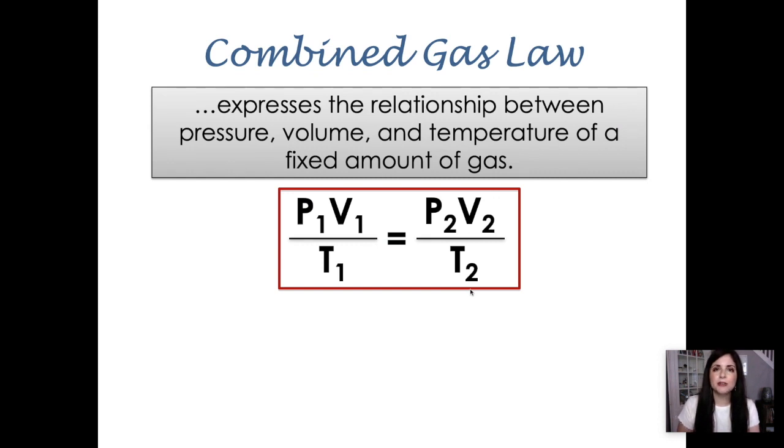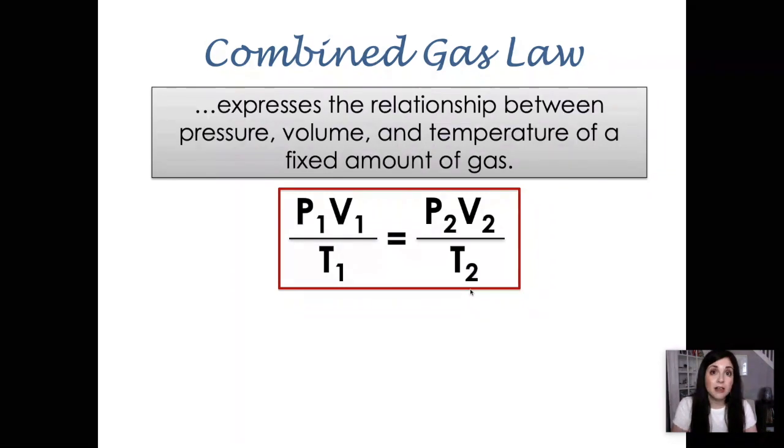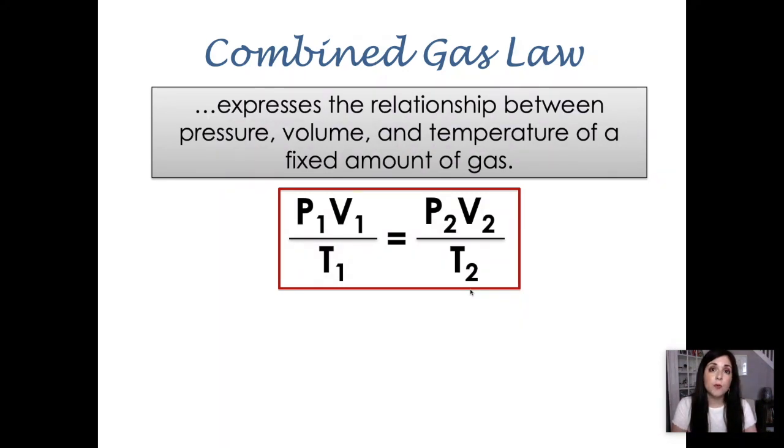So that's where Boyle's law comes into play. So really everything is the combined gas law, but if you're keeping something constant, you don't have to express it. Boyle's law actually came first, and then after the other relationships came into play, we discovered that this is in fact true.